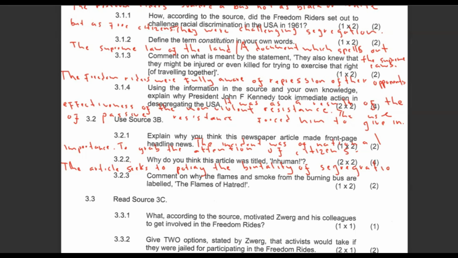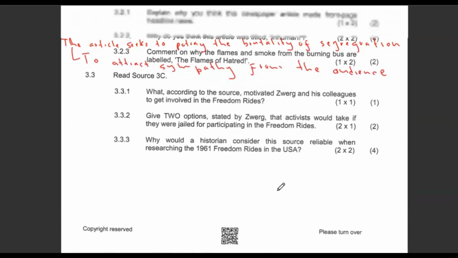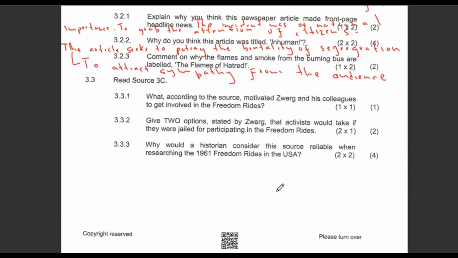Then to attract sympathy from the audience, because you can see that these are emotive words which have been used, the flames of hatred and also the word inhuman. So they seek to attract the sympathy of the audience.